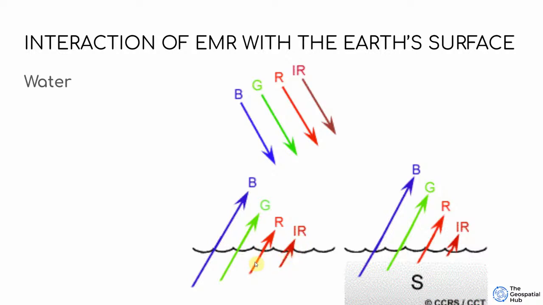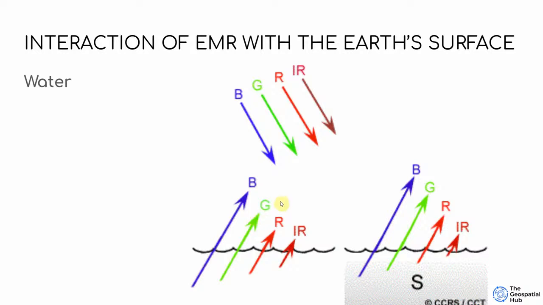It's not sending a lot of the red and infrared back to the sensor, but it's sending more blue and less green. So it's sending a lot of blue back to the sensor, and also some green. This is why water sometimes appears bluish green to our eyes, and why some water appears very blue, because it's sending back more of the blue.